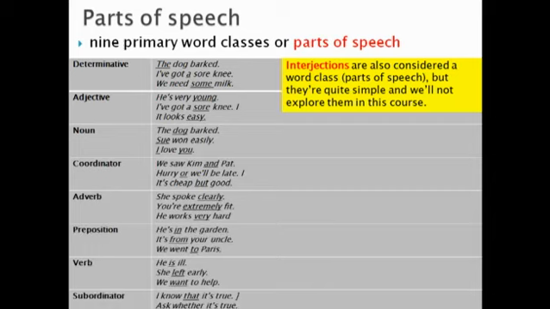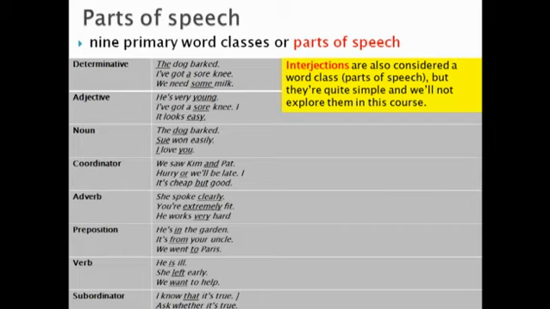We saw him and Pat hurry or will be late. It's cheap but good. The adverbs: clearly, extremely, very, and so on, as in she spoke clearly, you're extremely fit, he works very hard.